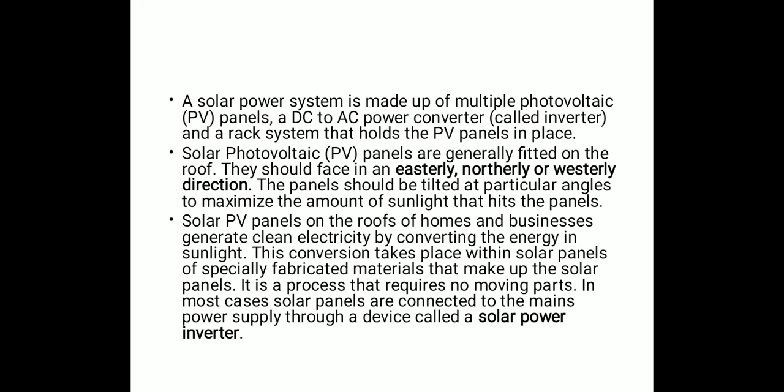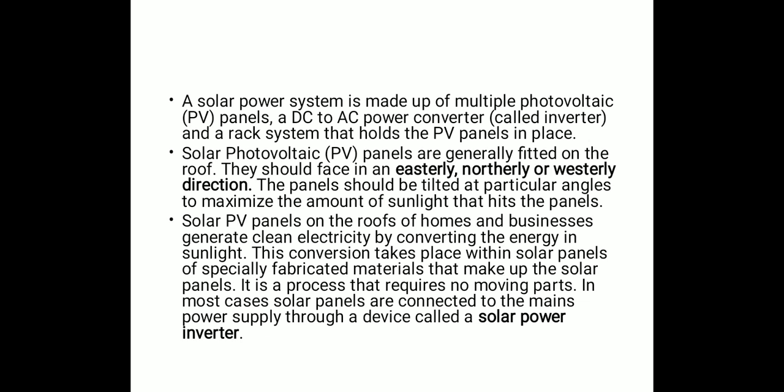That means the facing of your panel should be towards the maximum sunlight incident on that particular panel. Solar PV panels on the roof of homes and businesses generate clean electricity by converting the energy in sunlight. It is a clean source of energy.